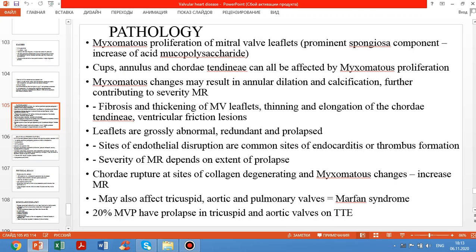Leaflets are grossly abnormal, redundant, and prolapsed. Sites of endothelial disruption are common sites of endocarditis or thrombus formation. Severity of mitral regurgitation depends on extent of prolapse.